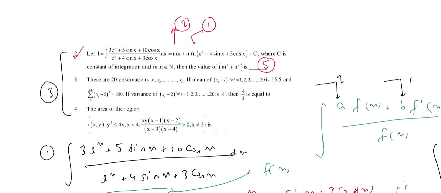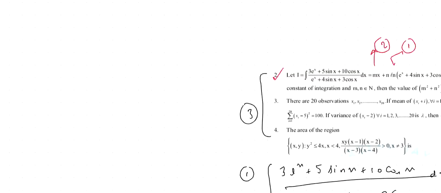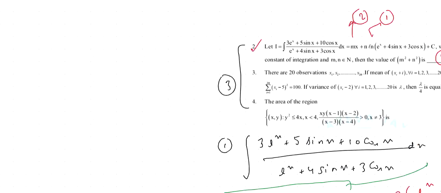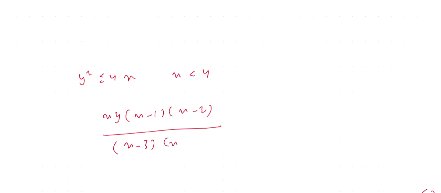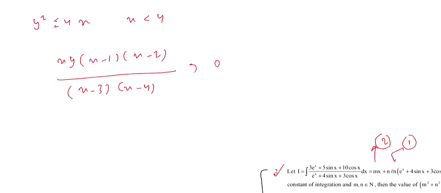Let us solve problem number 4. It is given y squared is less than or equal to 4x, x is less than 4, and xy(x-1)(x-2) divided by (x-3)(x-4) is positive and x is not equal to 3.